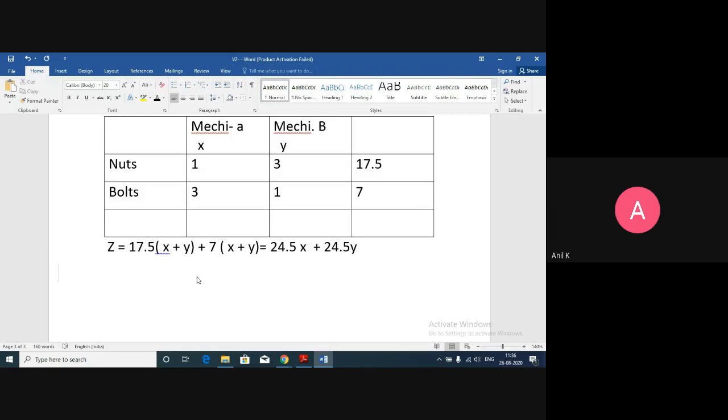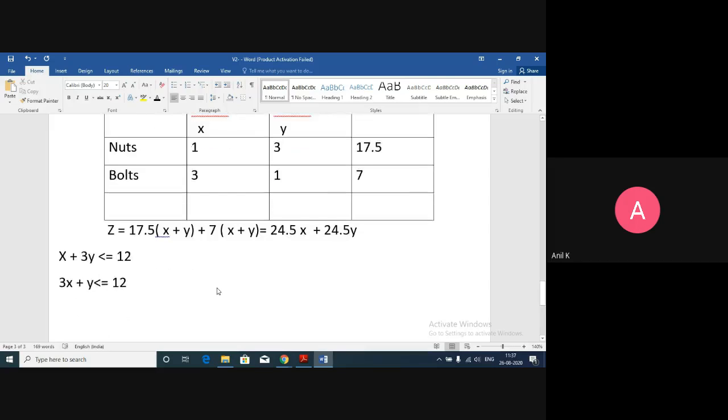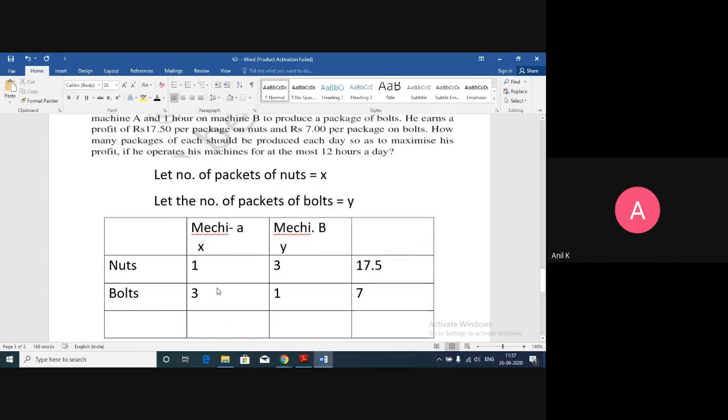Now how can I make the hours? On hours, machine A is making, yes. One equation is x plus 3y less than or equal to 12. Another one is 3x plus y, also less than or equal to 12. This is the time for individual machines.